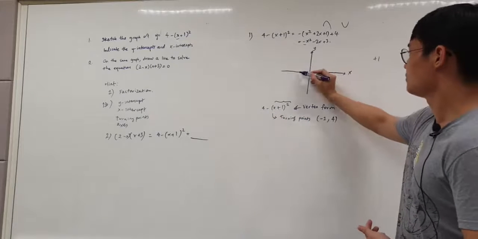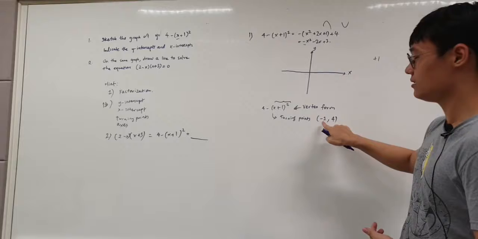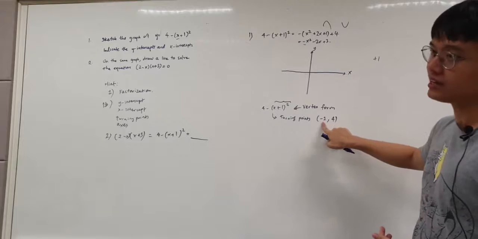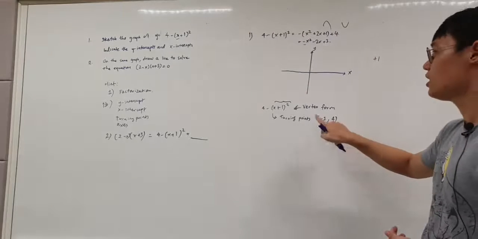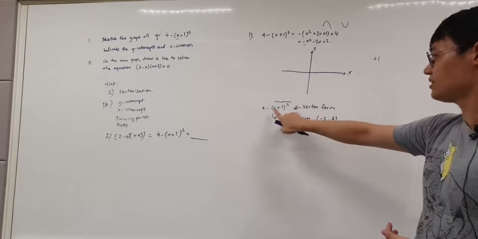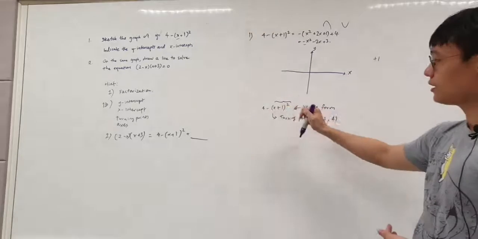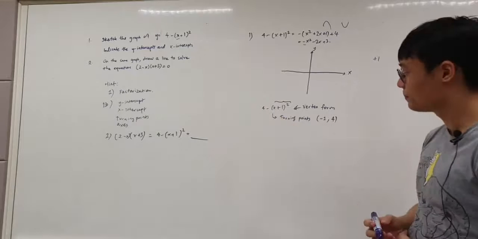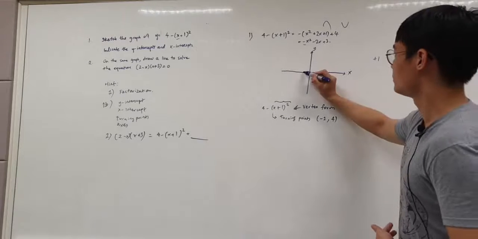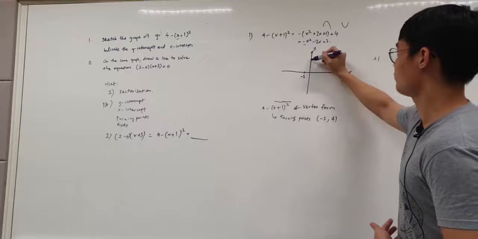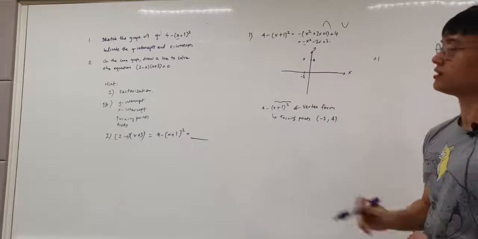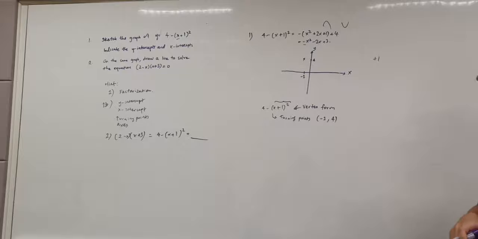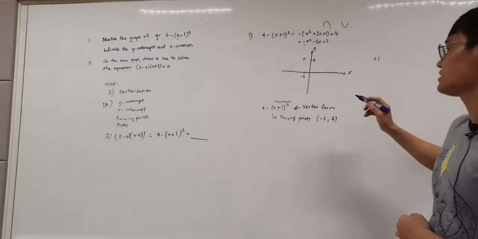So minus 1 is the x coordinate of the turning point. By subbing in negative 1 over here, this whole term cancels to 0 and leaves us with 4. That's why it's negative 1, 4. Okay, so this is negative 1, then this is 4. So I'm just going to put it here. Okay, so the next thing to do.